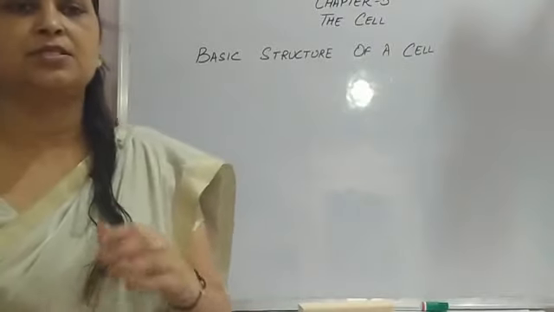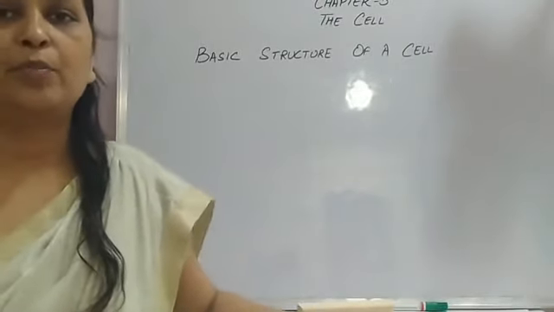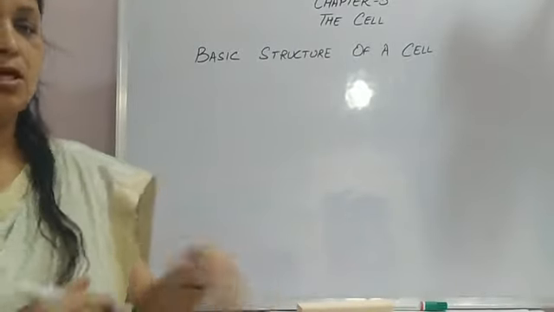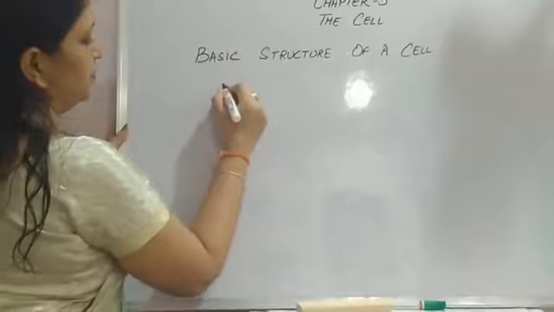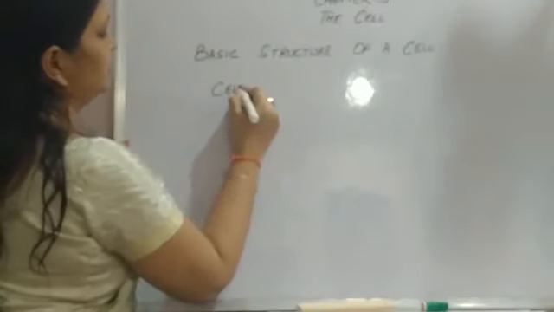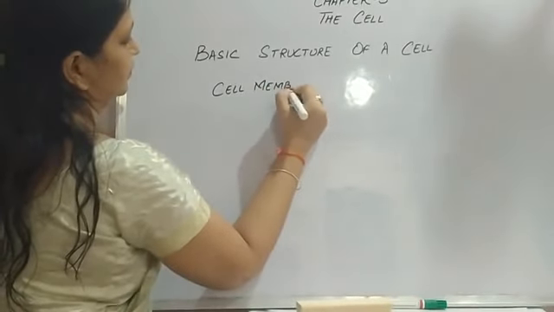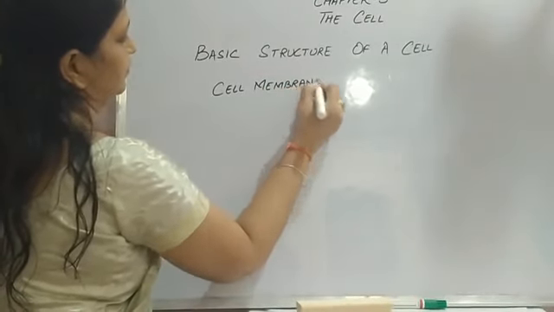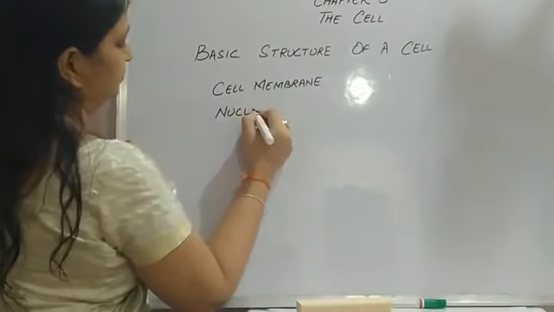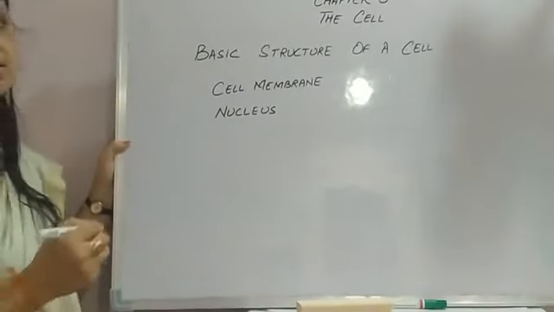The structure of a cell consists of three parts: cell membrane, nucleus, and between the cell membrane and nucleus, cytoplasm. So it consists of three main parts, that is cell membrane, nucleus, and cytoplasm.